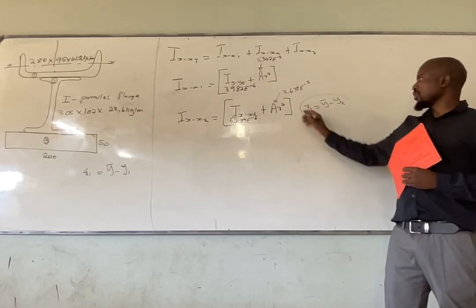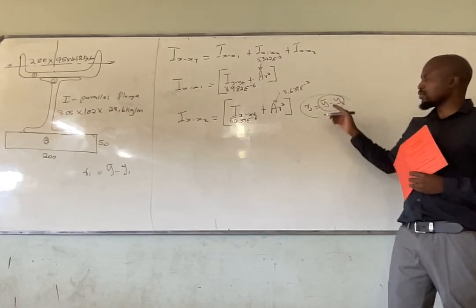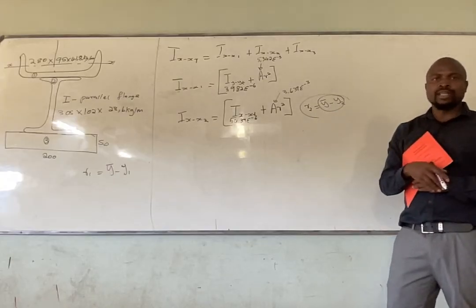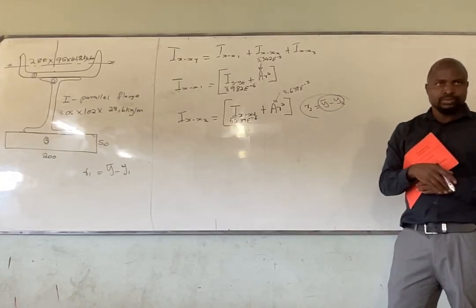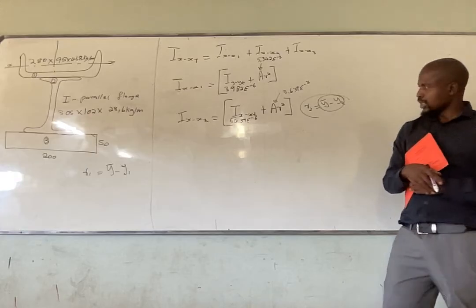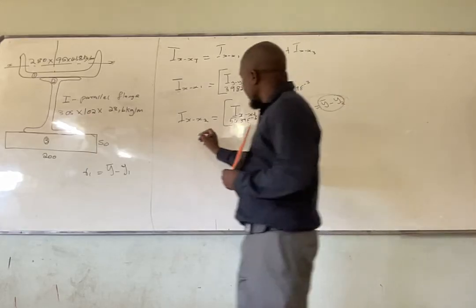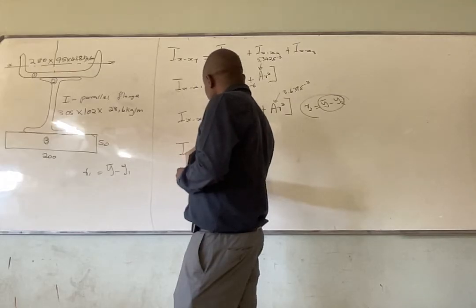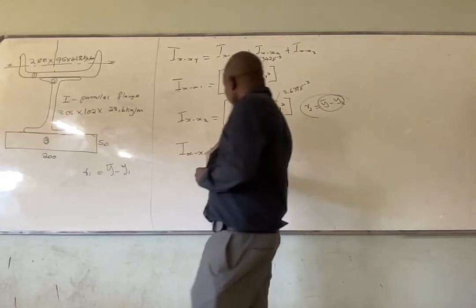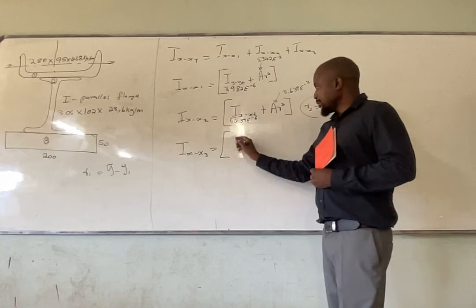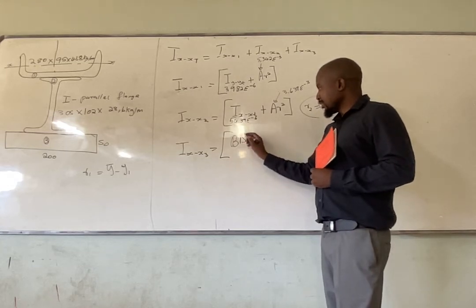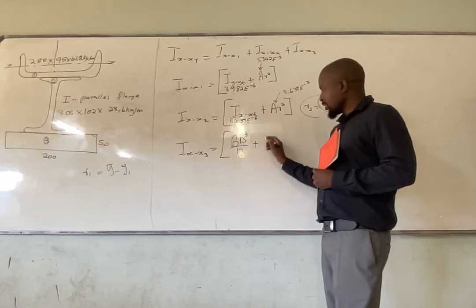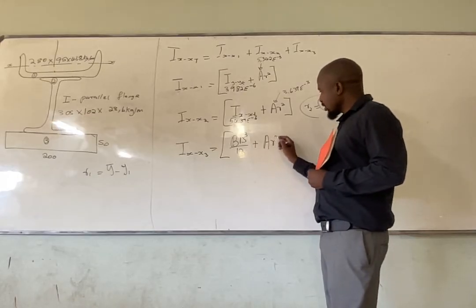This one is what we were doing yesterday. This two, we did this two yesterday. So now you'll just add up to calculate R2. So let us go to Ixx3, which will be bd cubed over 12 plus AR squared.